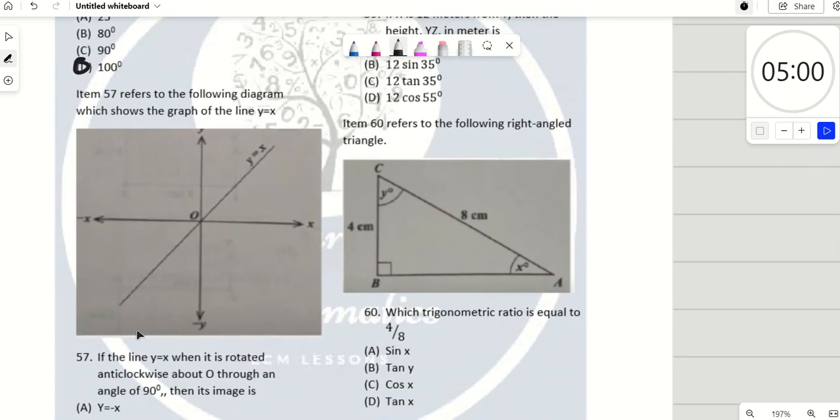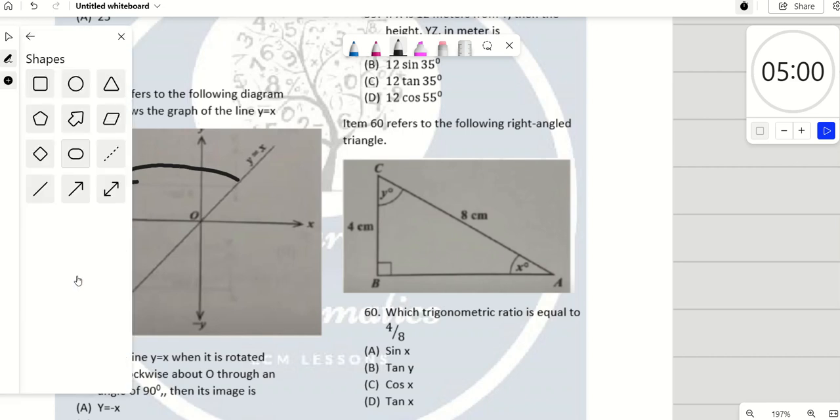they said that if the line XY was rotated in an anti-clockwise direction, anti-clockwise is this direction like this, right? And at 90 degrees, you can use your protractor if you want to find out how much is 90 degrees, but I'm telling you that the shape would look somewhat like this.